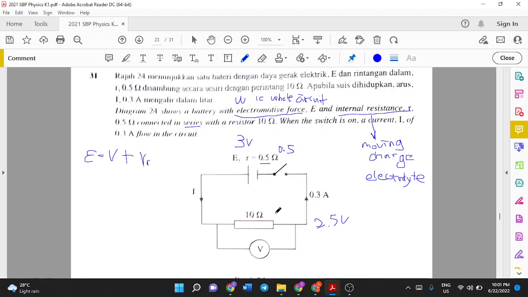The current in the whole circuit will be the same. So we have E equals IR plus the same current multiplied by the internal resistance r. The smaller r here represents the internal resistance. Because the I here is the same, you factorize it out, and you will get E equals I(R plus small r).